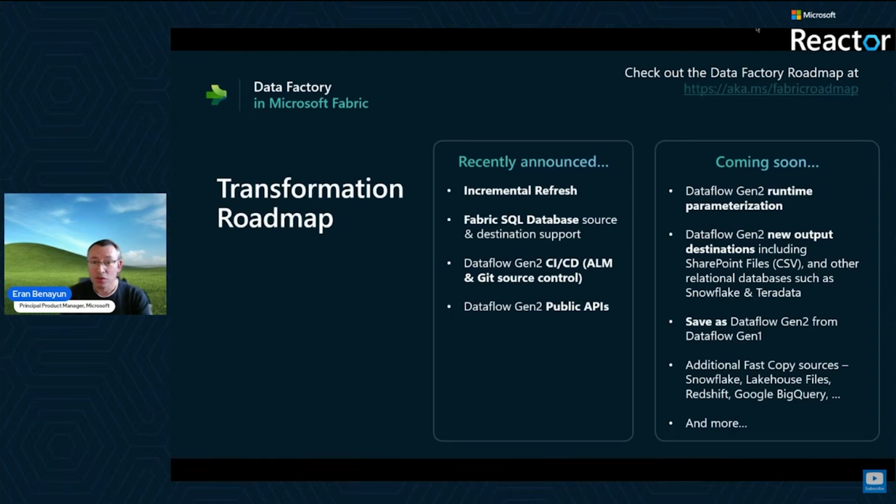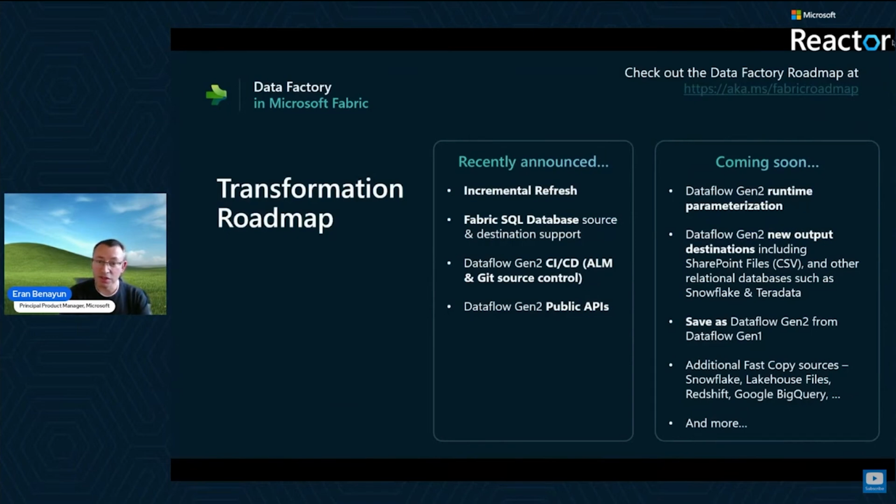All right. So as mentioned earlier, we recently announced public preview of incremental refresh for Dataflows Gen2. Next is Fabric SQL databases, both as source and destination within Fabric. This was also introduced recently, side by side with the overall public preview announcement for Fabric SQL databases.